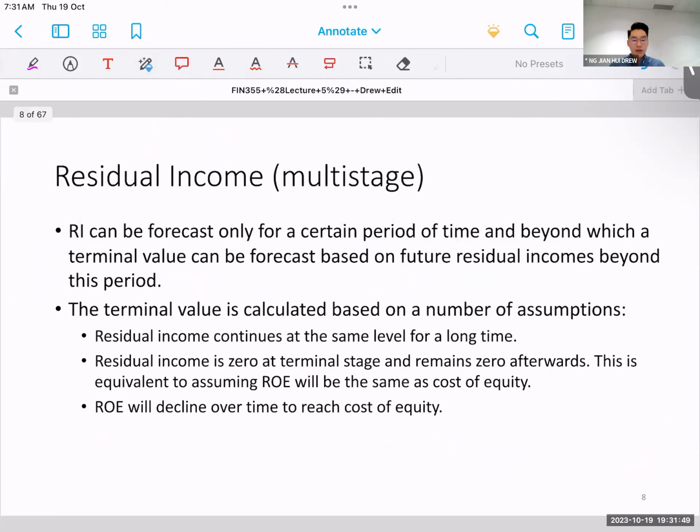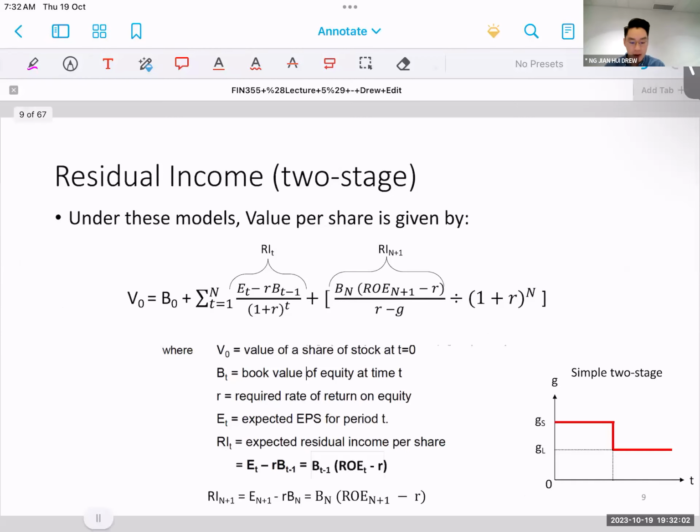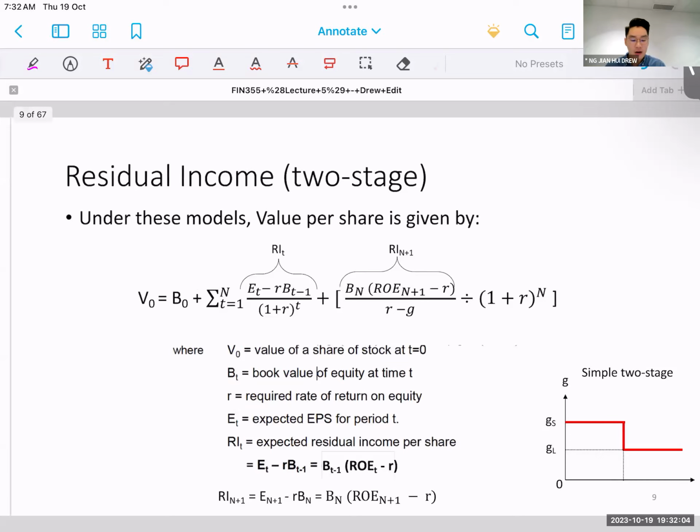Okay, so in terms of a multi-stage residual income model, I don't think we'll go into much detail, but the concept is exactly the same. Basically, what are we doing?